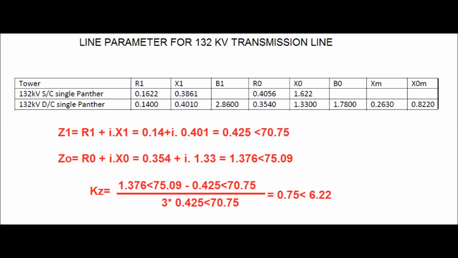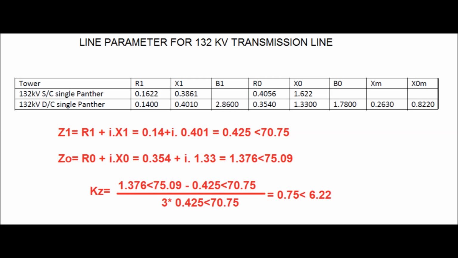Now the value of the residual compensation factor Kz comes as Z0 minus Z1 divided by 3 into Z1, where Z0 is 1.376 at an angle of 75.09 minus Z1, which is 0.425 at an angle of 70.75 degree, divided by 3 into 0.425 at an angle of 70.75. That comes as 0.75 at an angle of 6.22.